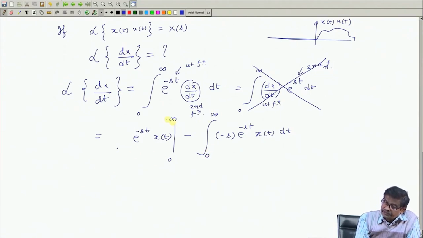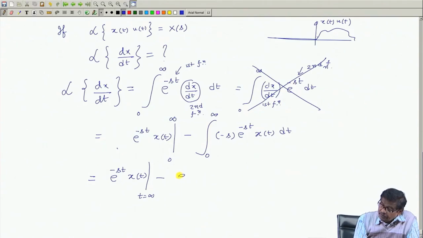Now, here comes this first integral. Once again, this is equal to e to the power minus st into x(t) to be evaluated at t equal to infinity minus e to the power minus st into x(t) to be evaluated at t equal to 0.